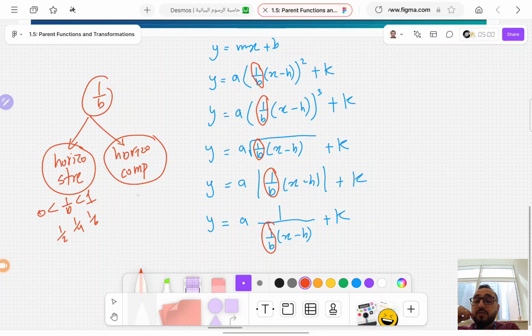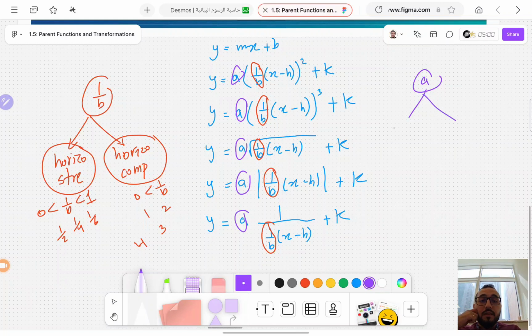And for a compression, 1 over b should be greater than 1, a whole number like 1, 2, 3, 4, whatever. So it's the opposite of a. If you check a in every question, it's the vertical one: we have a stretch and a compression.